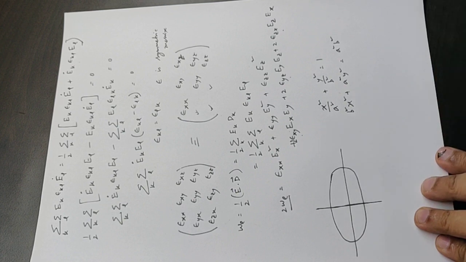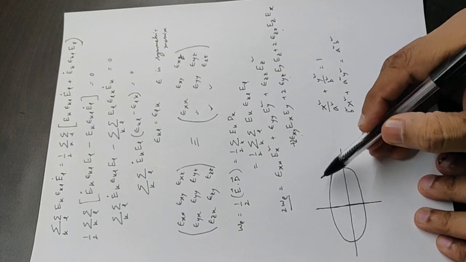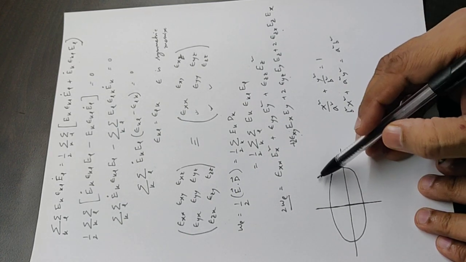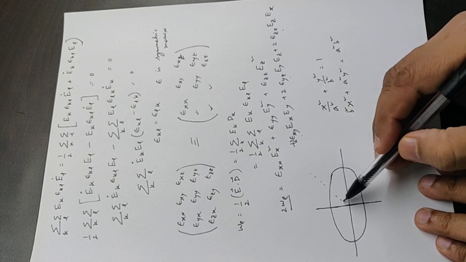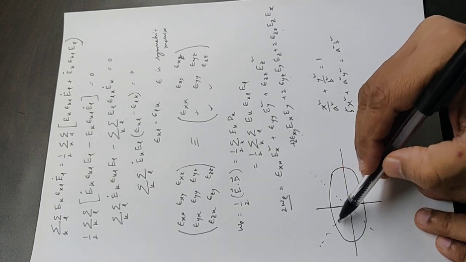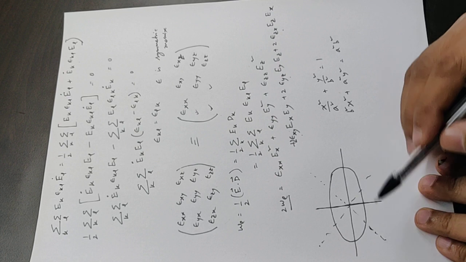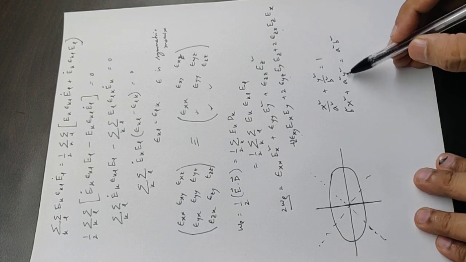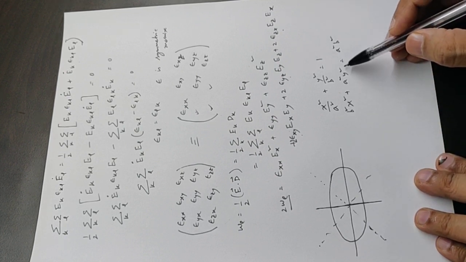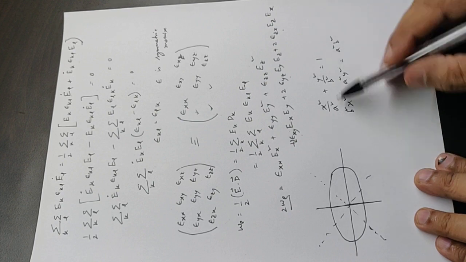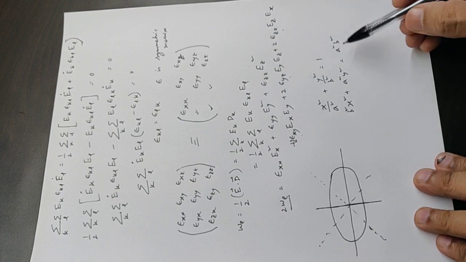But the same ellipse, if you write the equation for another set of axes like this, then you would see that terms in xy are also present in this equation.